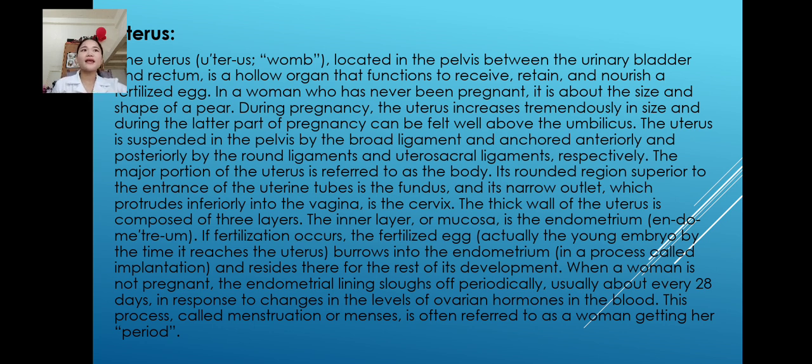During pregnancy, the uterus increases tremendously in size, and during the later part of pregnancy can be felt well above the umbilicus. The uterus is suspended in the pelvis by the broad ligament and anchored anteriorly and posteriorly by the round ligaments and uterosacral ligaments.